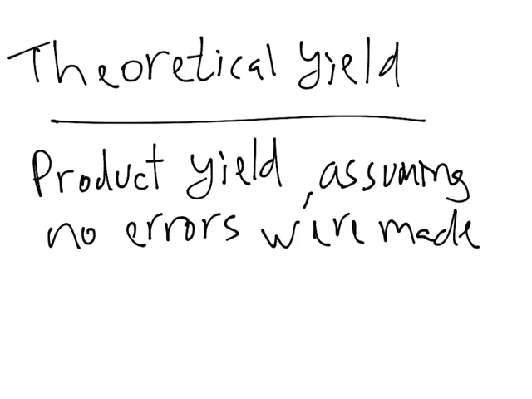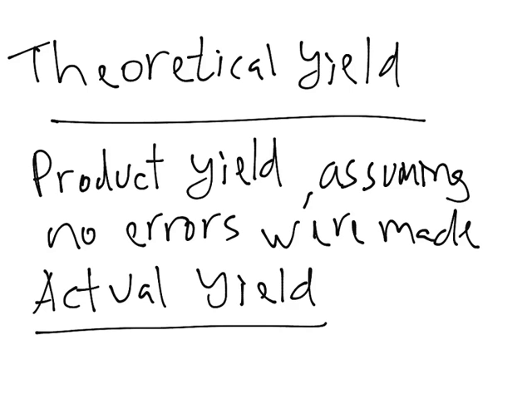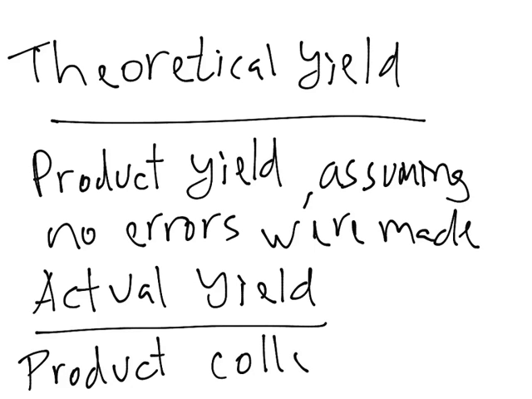And now the actual yield is, as its name says, what you actually collect, the product physically collected by the experimenter. So, product collected. And something you really have to know is that the actual yield should always be lower than the theoretical yield.